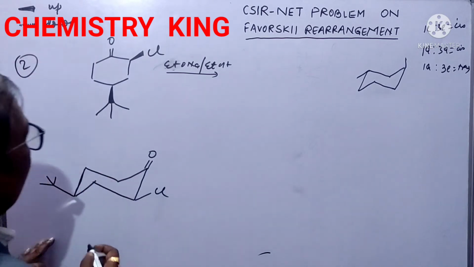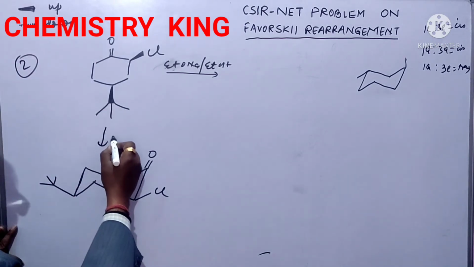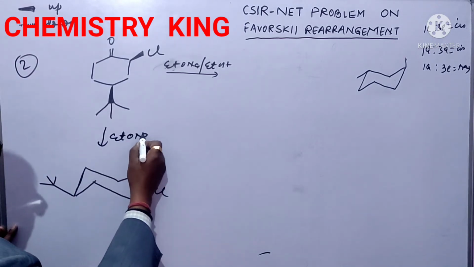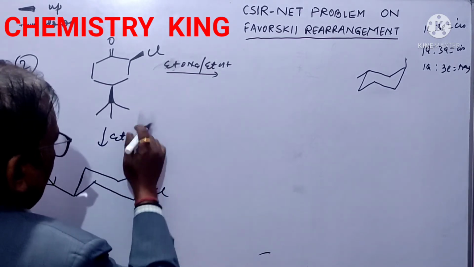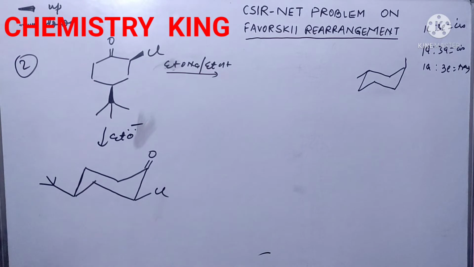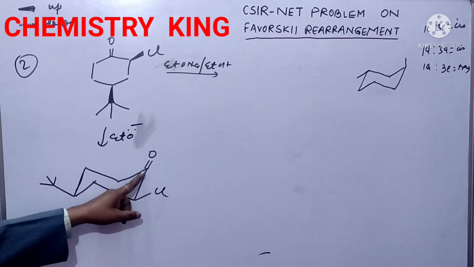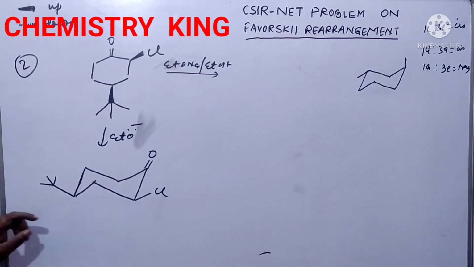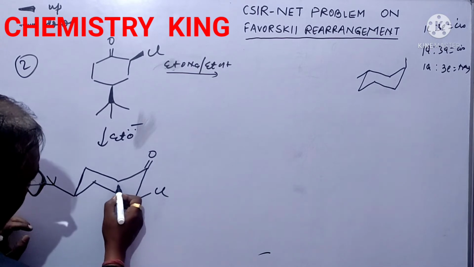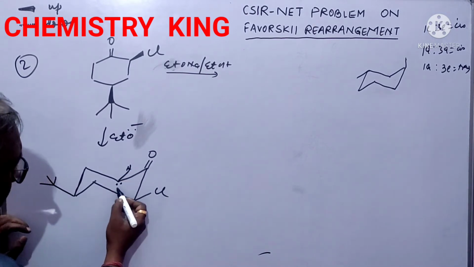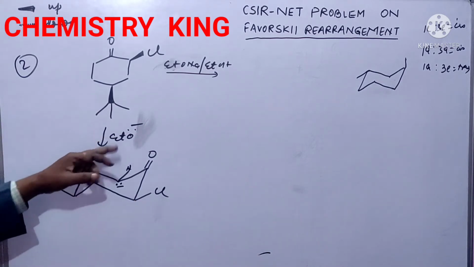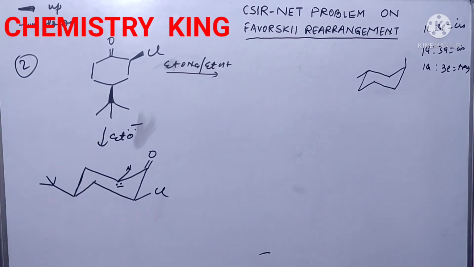Okay. Now, if it is treated with EtONa, better to write ethoxide ion, it has a keto group and a halo group. Then the hydrogen from here is abstracted by this base. Okay.